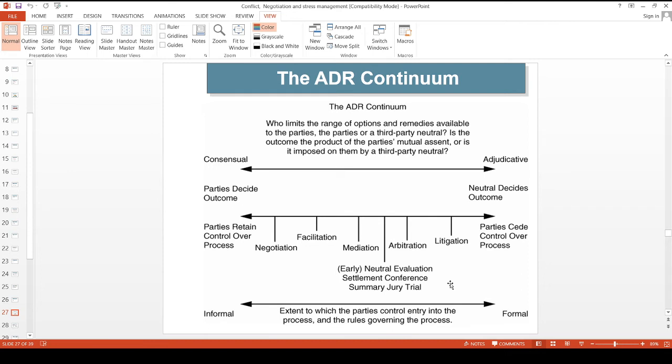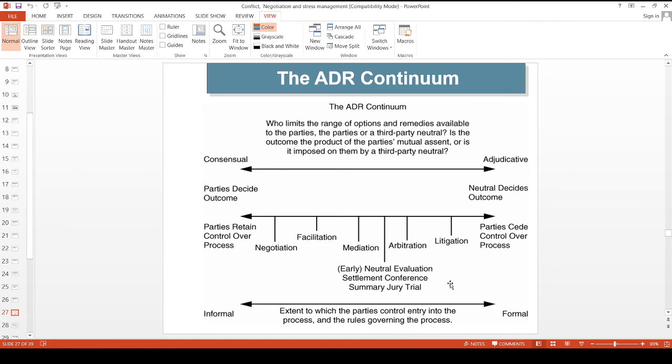All of these approaches are set up in this graph, which tells us about the different strategies which can be used to resolve conflicts between the two parties.